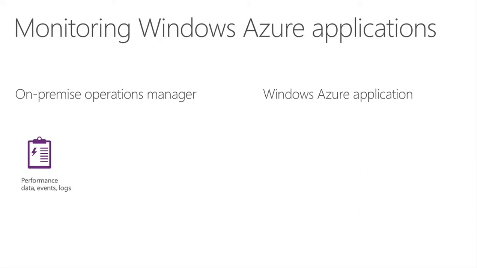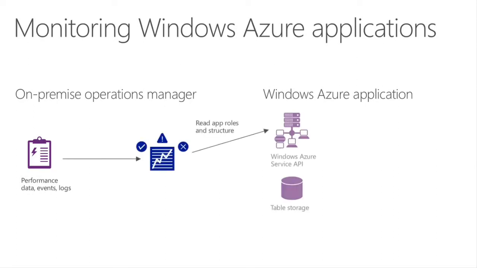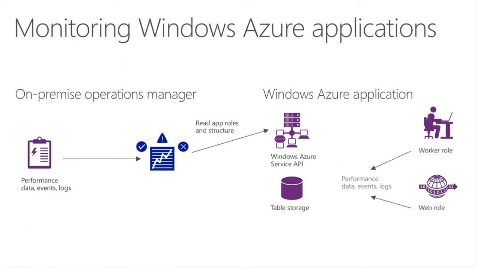And what this does is it reads all the application worker roles and structures and then writes all that information out to the table storage inside Windows Azure, which is then read by the operations data and grooming.